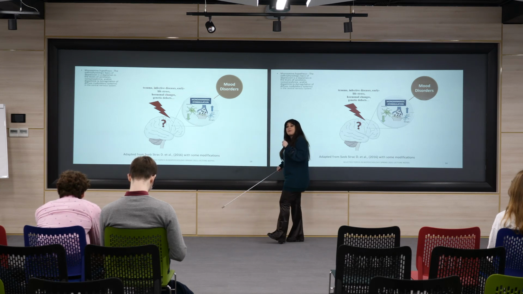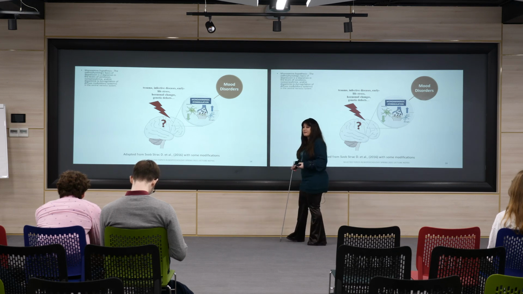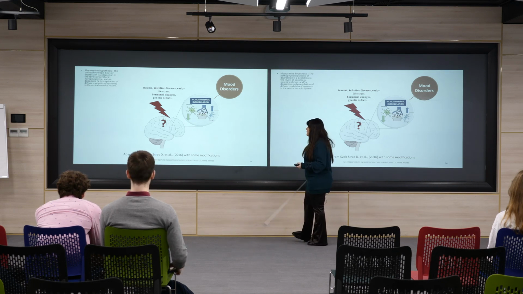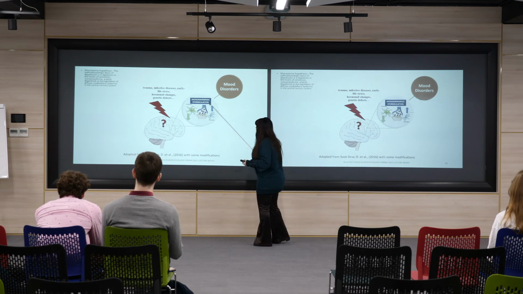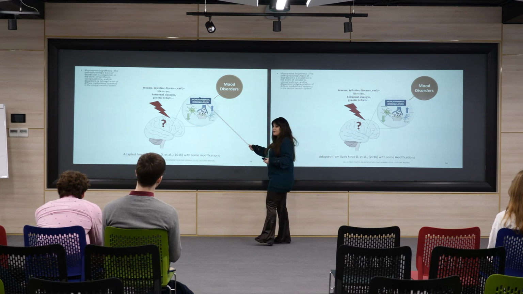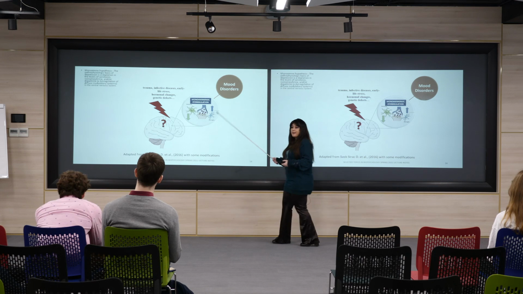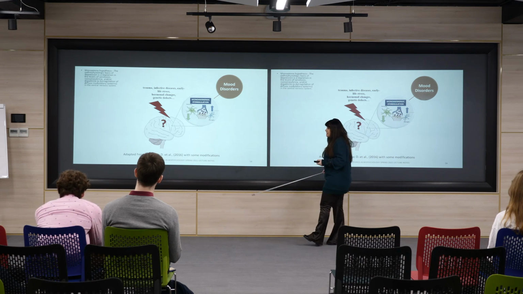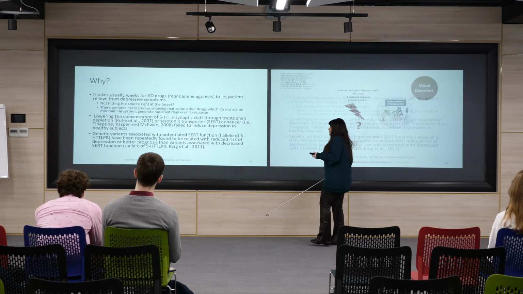As you know, during development, brain neuroplasticity is very high. The brain can easily adapt to any kind of effect, positive or negative. So maybe there is a kind of monoaminergic dysregulation, and then it may cause mood disorders. That's a question.